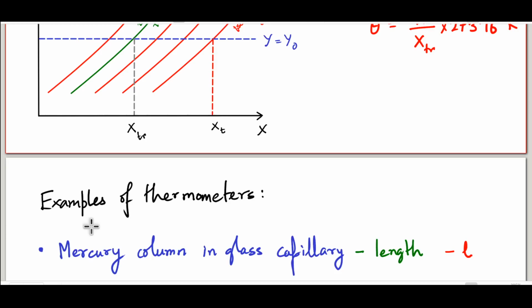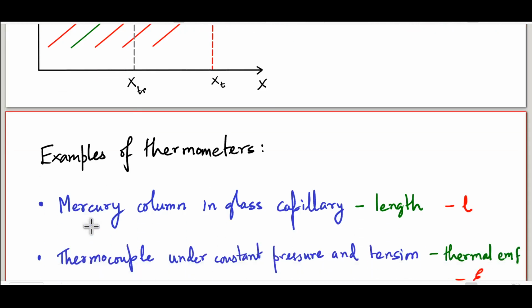This is what is typically called a medical thermometer. And here, the system is really a mercury column which is stored in a glass capillary, and the thermometric property that is measured in this case is the length of that column.